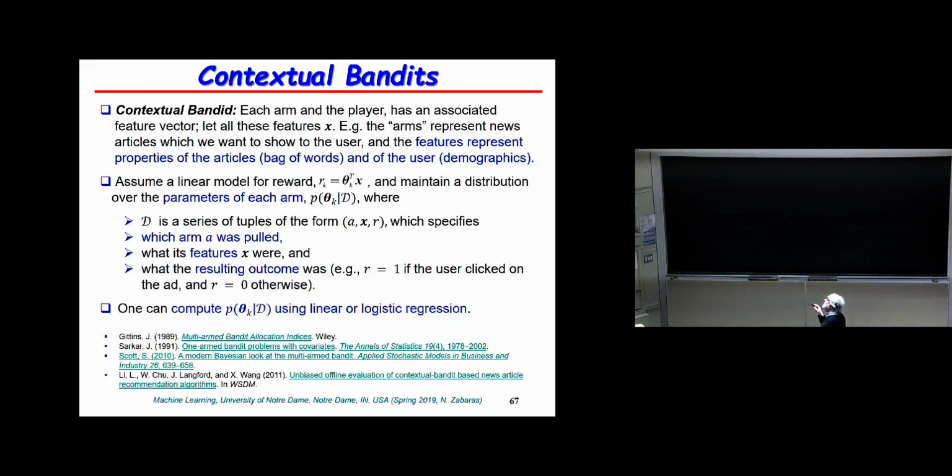Usually the word bandit here is a buzzword for these machines that you have in casinos, right? If you go to Macau, they have lots of these machines. Conceptually, they want to sell you advertisements.